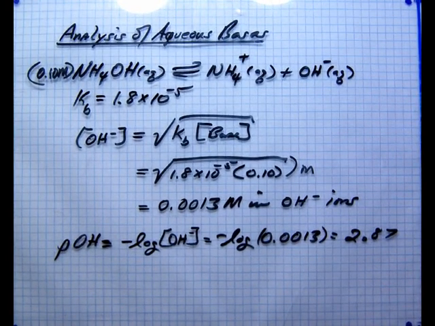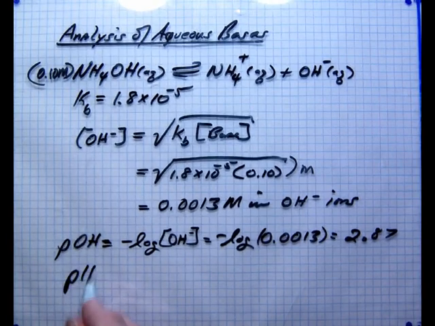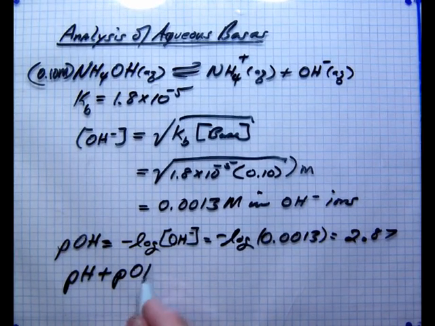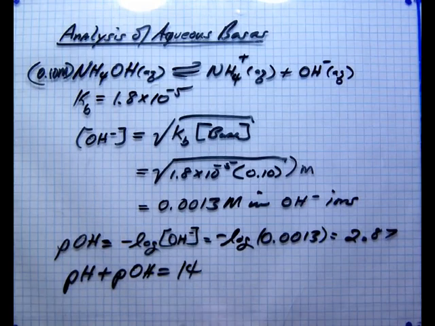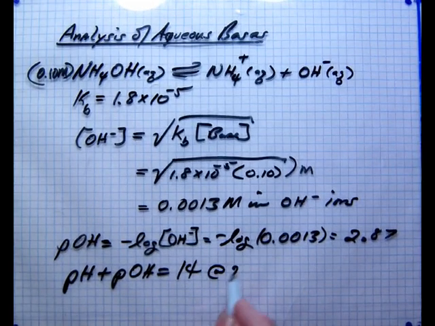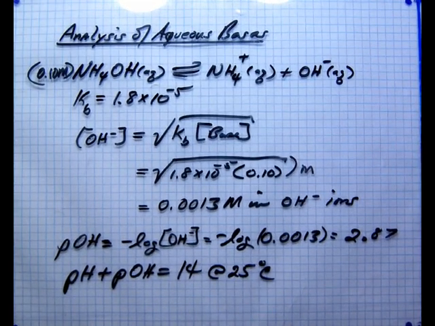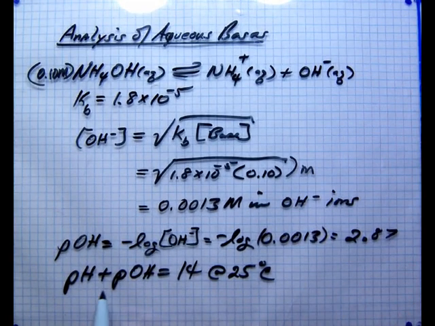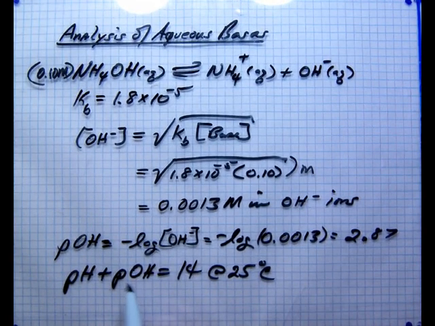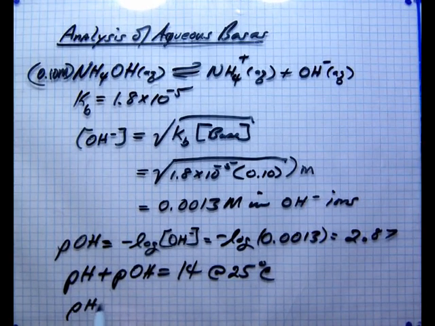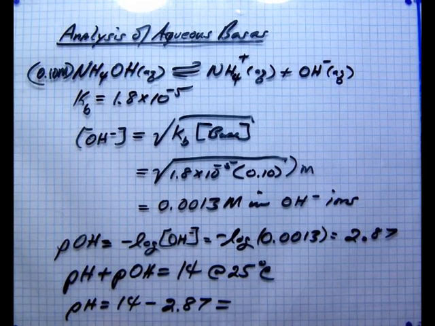Well, it can be shown that pH plus pOH always equals 14 at 25 degrees Celsius. So substituting 2.87 here and solving for pH, we have 14 minus 2.87, which gives us a pH of 11.1 for this ammonium hydroxide.